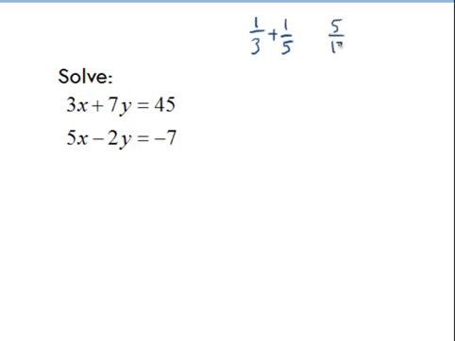And if we multiply this fraction by 3/3, then we get 3/15. And then we can add it. Notice I took this fraction and multiplied it by this number, and I took this fraction and multiplied it by this number, kind of flip-flopped.